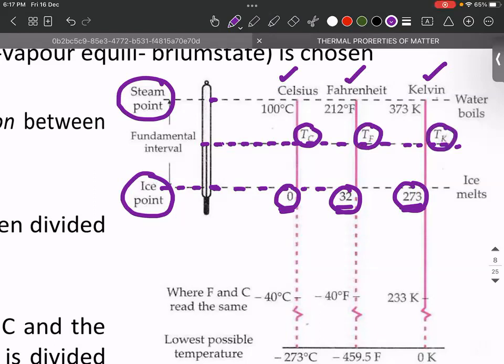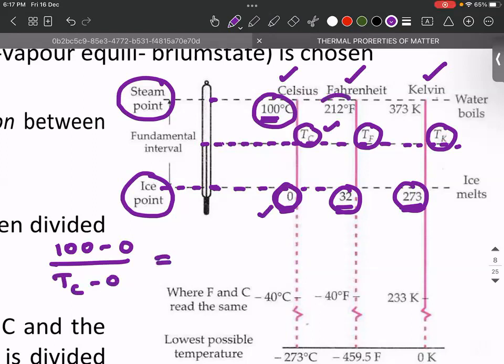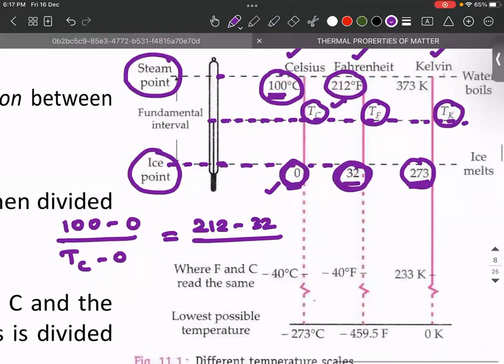Can I say in Celsius scale, 100 minus 0 divided by Tc minus 0 will be equal to 212 minus 32 divided by, tell me what should come in the denominator? Tf minus 32, right?